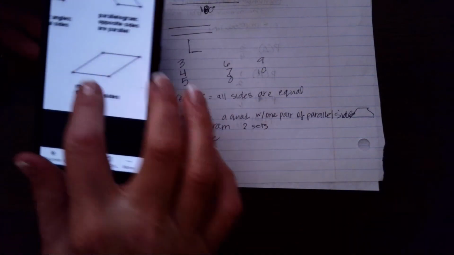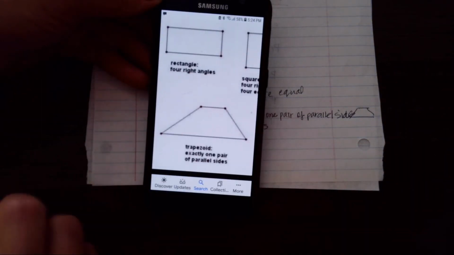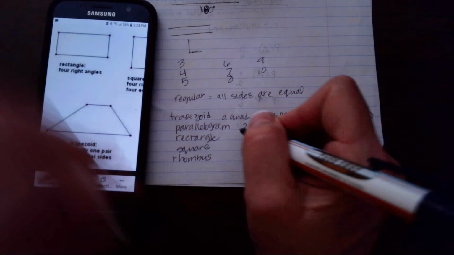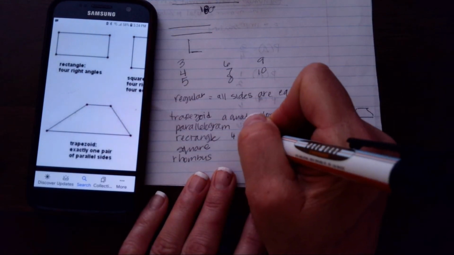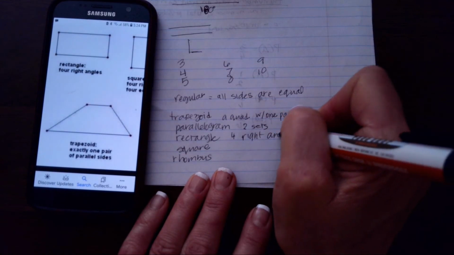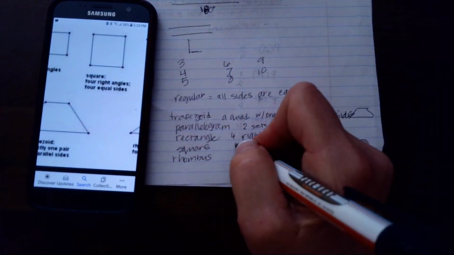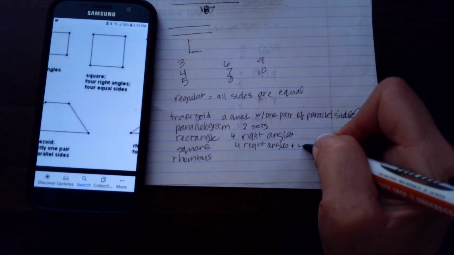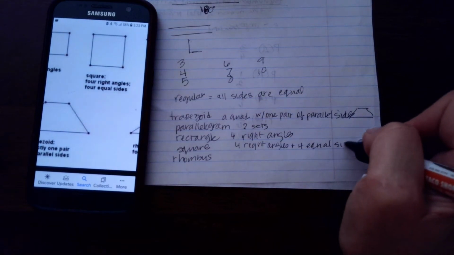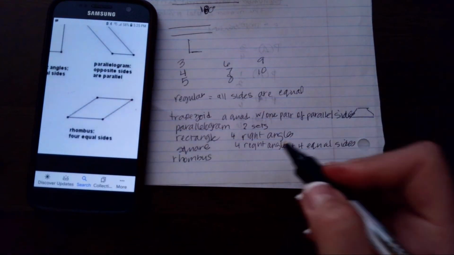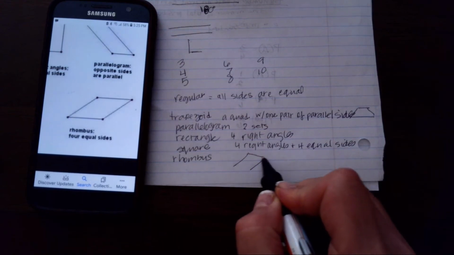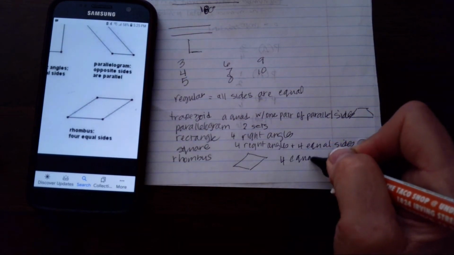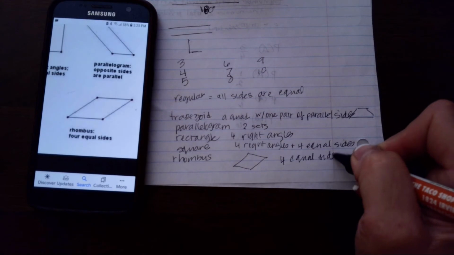A rectangle is 4 right angles, and that is what it has to be a rectangle. 4 right angles. A square has 4 right angles and 4 equal sides. And a rhombus, sorry Carter, has 4 equal sides.